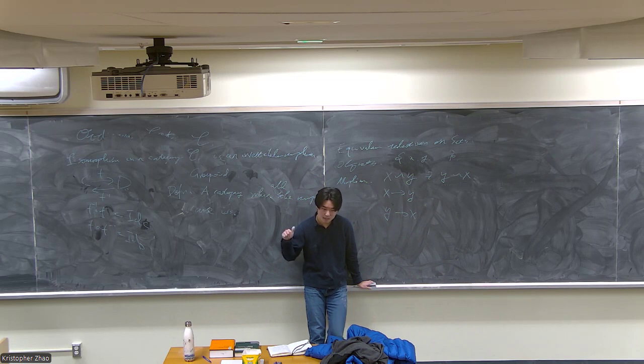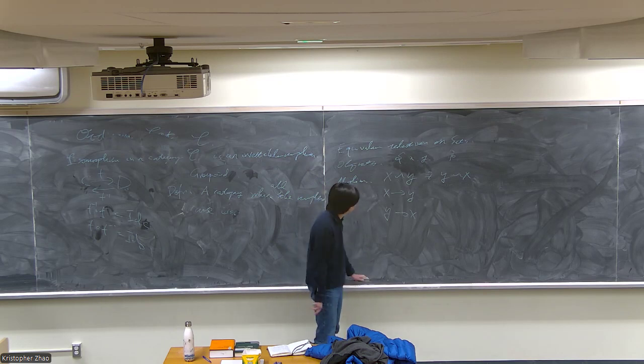Each one corresponds to identity of categories, the composition, and the isomorphism property. Reflexivity is x is equivalent to x. That's identity. Oh, okay, sure. And symmetric is x, y implies y, x. Thank you.